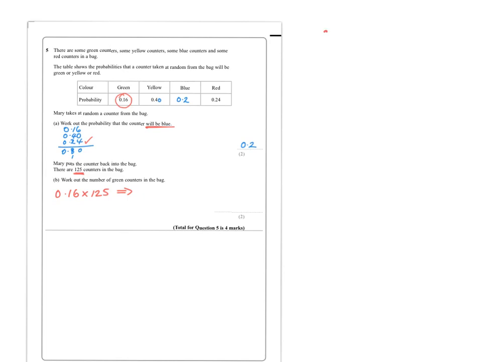So if we wanted to do 0.16 times 125, so first way without a calculator is you can say that this is, well, 0.16. Well, that's definitely less than a half, and hopefully you're with me that it's less than a quarter. We'll stick it at that, just roughly, and we'll say this is roughly 100. Let's just say to the nearest 100. And a quarter of 100 is 25. Now, with this method, you can just do 16 times 125.